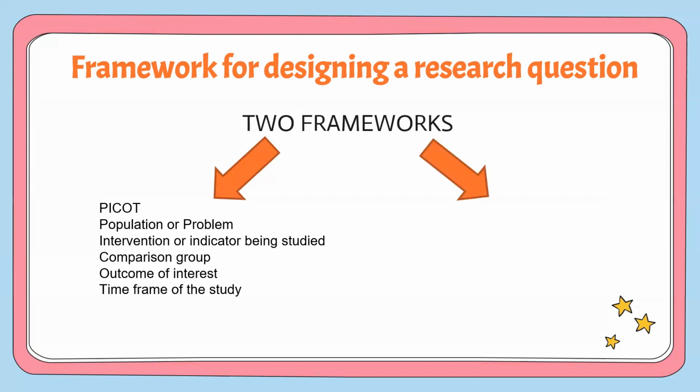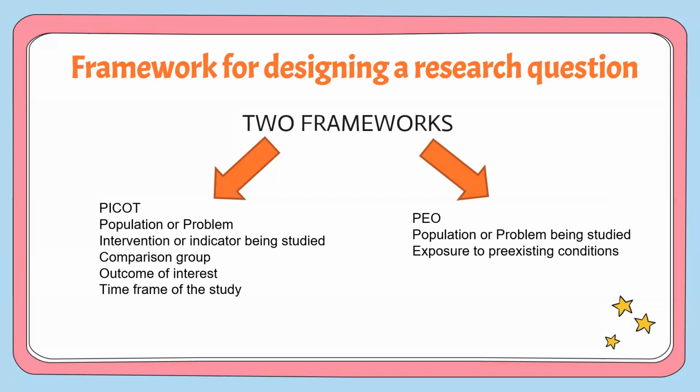The second framework is called the PEO framework, which again deals with the population or problem that is being studied. And of course we need to also expose this population to the pre-existing conditions, and then we need to find out the outcome.